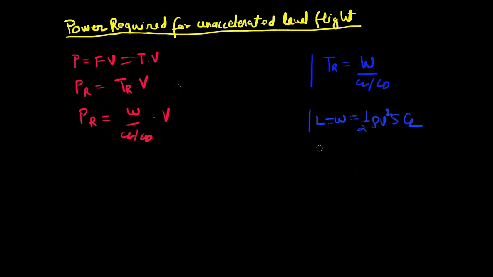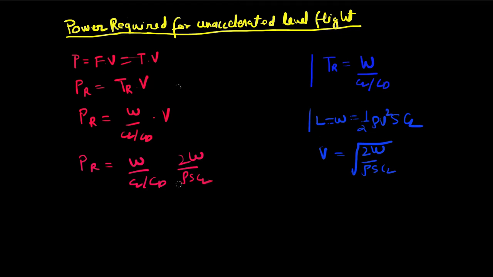We may say that velocity is equal to square root of 2W by rho S CL. Using this value in this equation, we can say that power required is equal to W divided by CL by CD into square root of 2W by rho S CL. From this we may say that power required is equal to square root of 2W cube by rho S, into 1 by CL power 3 by 2 by CD.